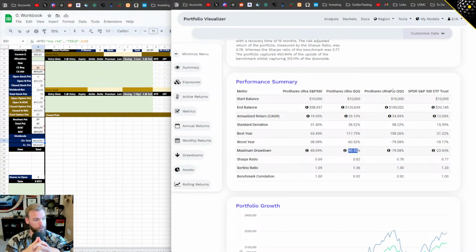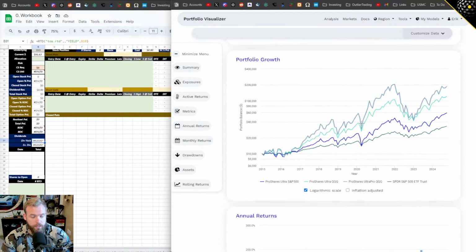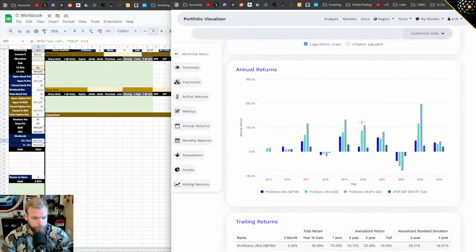But I also know for a lot of people, something like this is really appealing because it can be a low effort element of a broader plan that we can amplify a bit with options, which is cool. So let's take a look at some of these other metrics really quick.